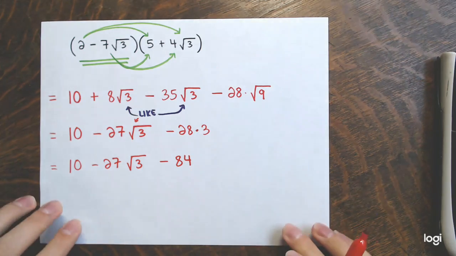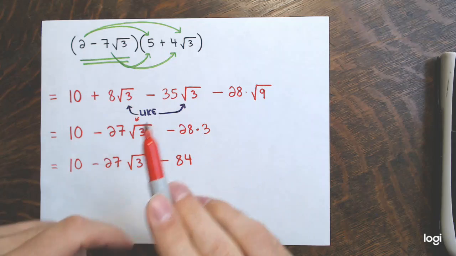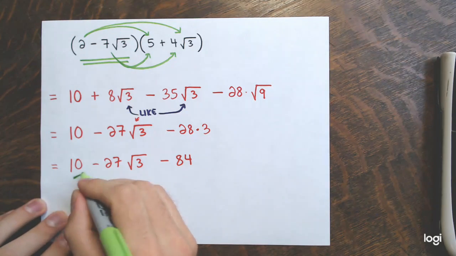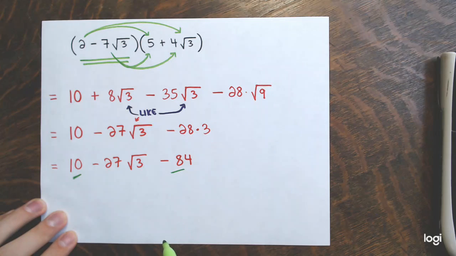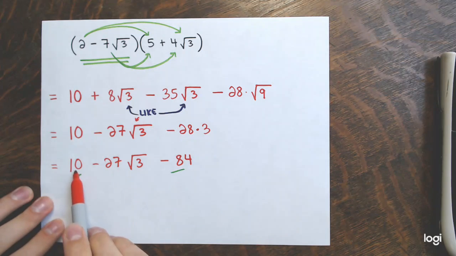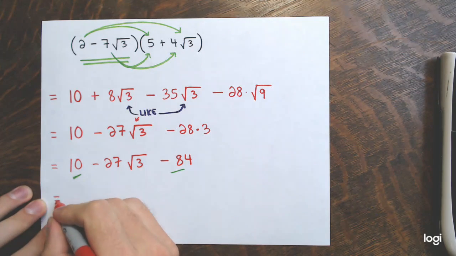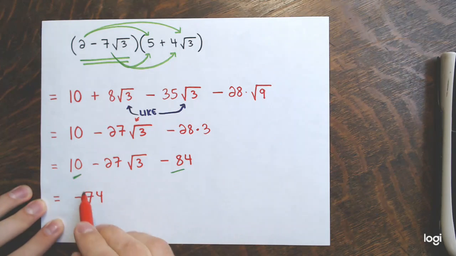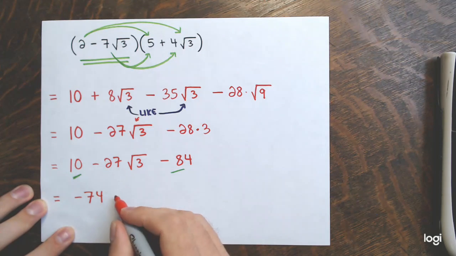Now I'm almost done, right? I combine the like radicals, but now I have some other like terms as well, right? The 10 and the negative 84 are like terms, right? Those don't have anything attached to them. They're constants. So I'll put those together. 10 minus 84 is negative 74. So negative 74 for one term, and then we have this other term with the radical, right?